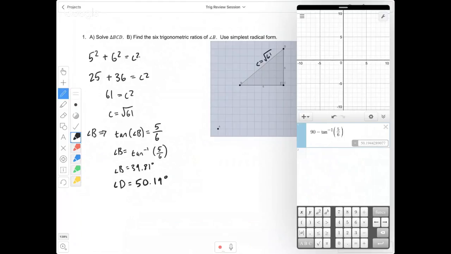Cool. Now I'm on part B. This was part A, solve the triangle.